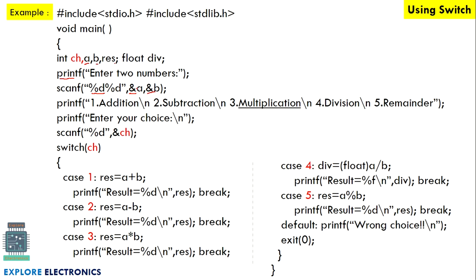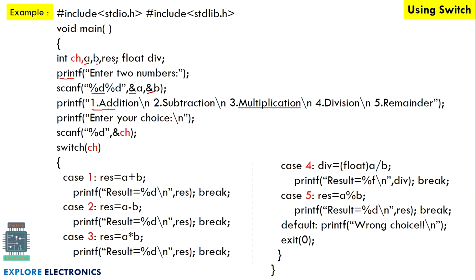After reading the inputs, we need to ask the user to select the operation that they wish to perform. We are printing 1 addition, and \n means in the next line we display 2 subtraction, in the next line 3 multiplication, in the next line 4 division, and in the next line 5 remainder.